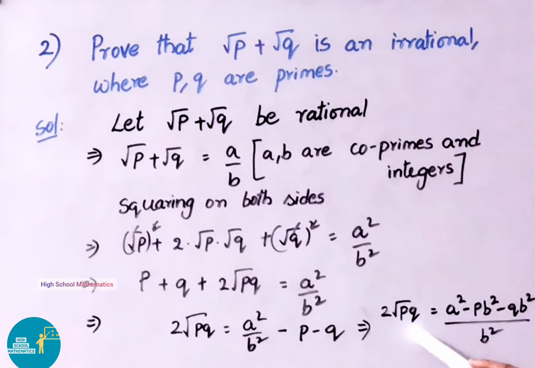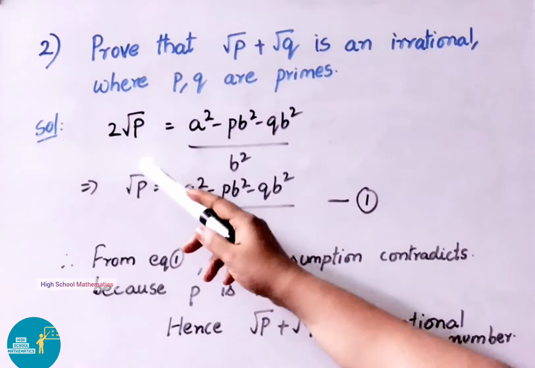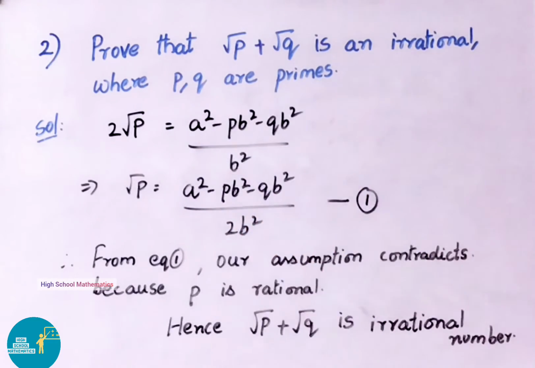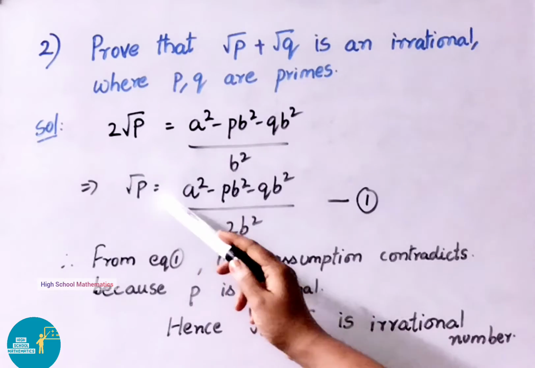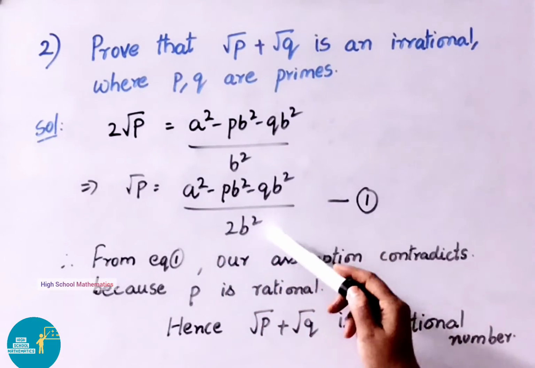So 2 root pq equals a square minus pb square minus qb square by b square. Here 2 is going to multiply, on transposing it becomes divided by. So that implies square root of pq equals a square minus pb square minus qb square by 2b square.